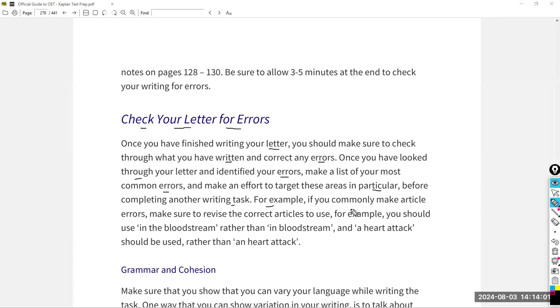For example, if you commonly make article errors, make sure to revise the correct articles to use. For example, you should use in the bloodstream, for example, rather than in bloodstream, and a heart attack should be used rather than an heart attack.